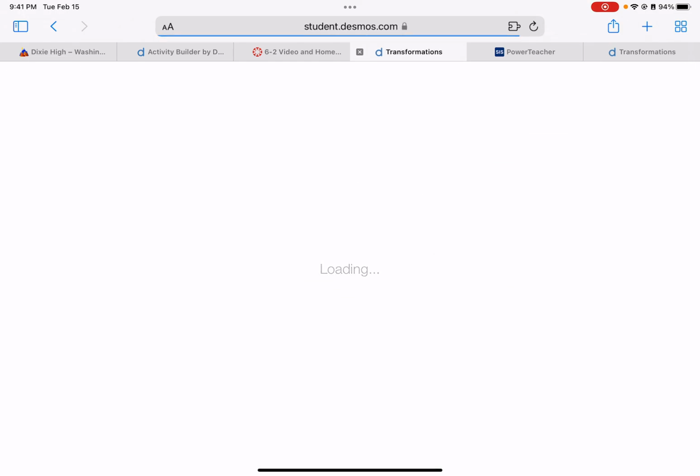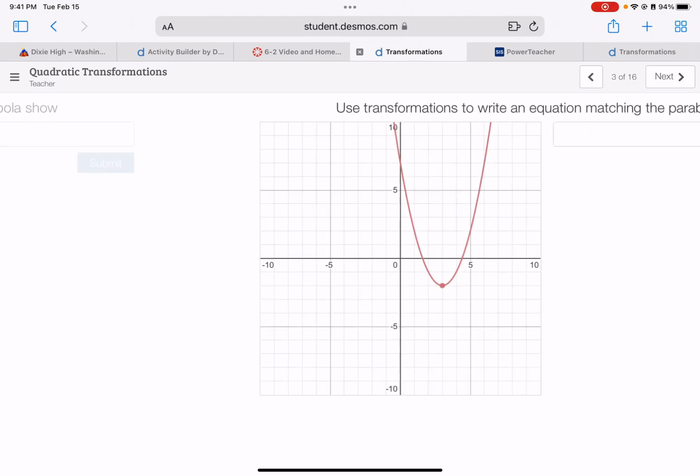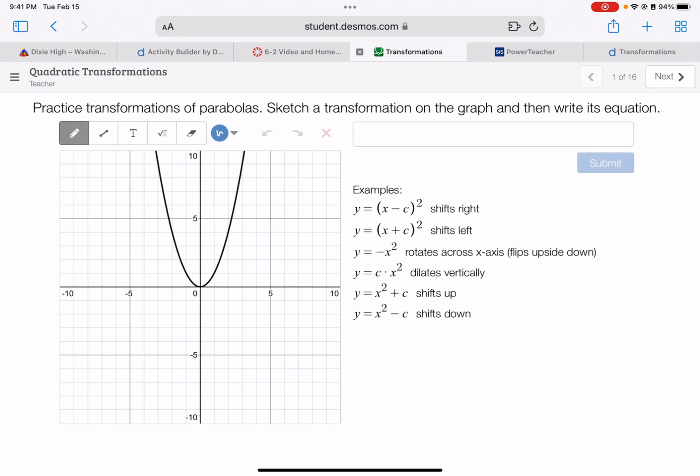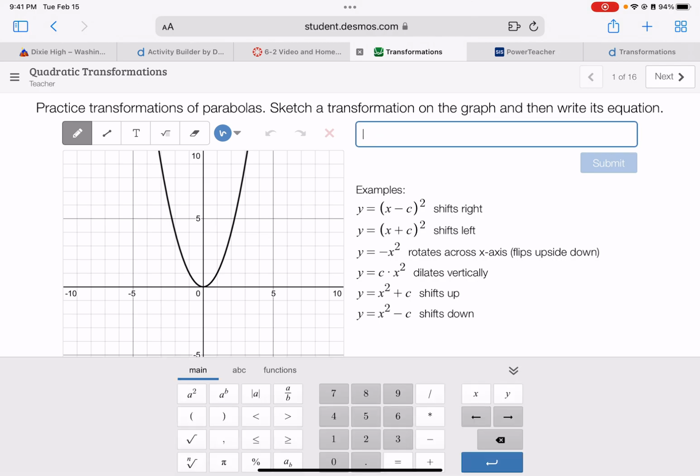Okay, so this is an activity that helps you practice transformations, and it has 16 different activities. The very first page is basically just for you to play around with the different transformations. They give you some examples here, so we're going to try those examples.